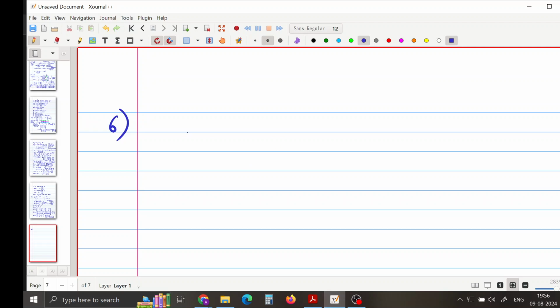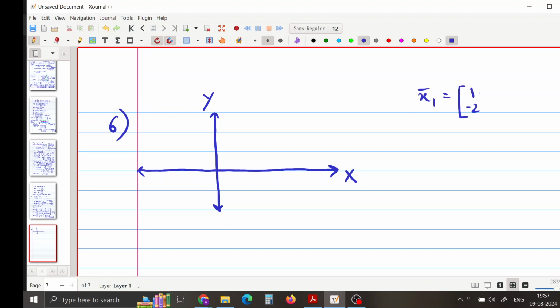Okay, so basically, if you have to think geometrically, let's say this is your xy plane, and the vector that you are given is the vector x1, which is 1 minus 2.